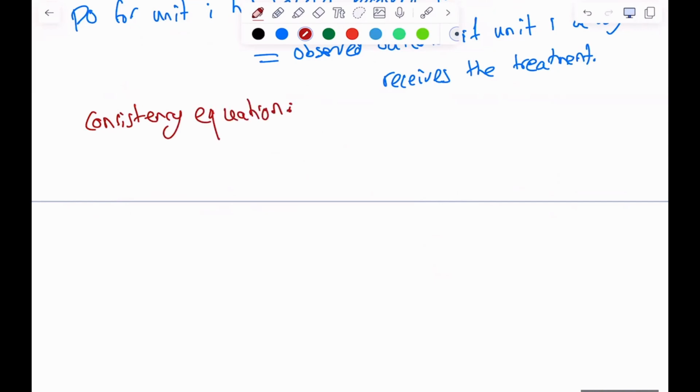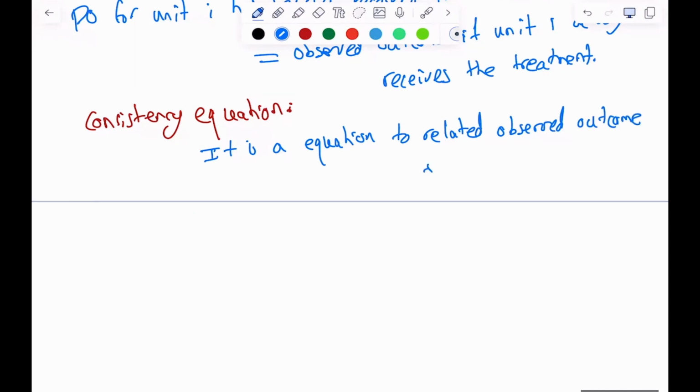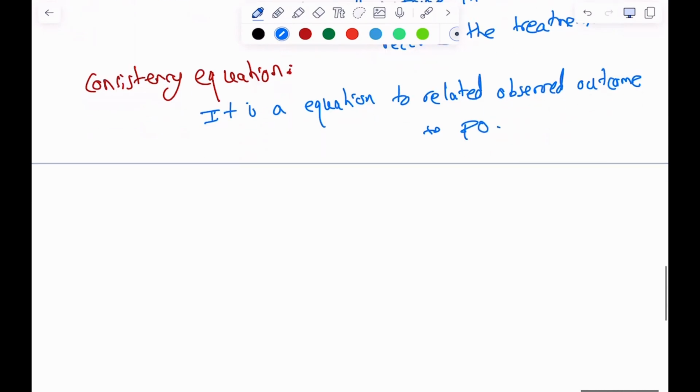What does the consistency equation say? The consistency equation is a way to relate the observed outcome to the potential outcome. I write it down. It's an equation to relate observed outcome to potential outcome.